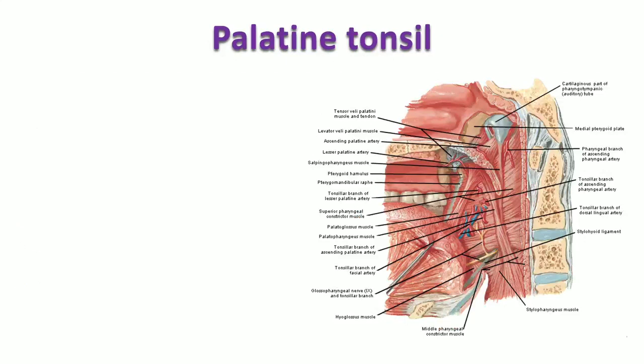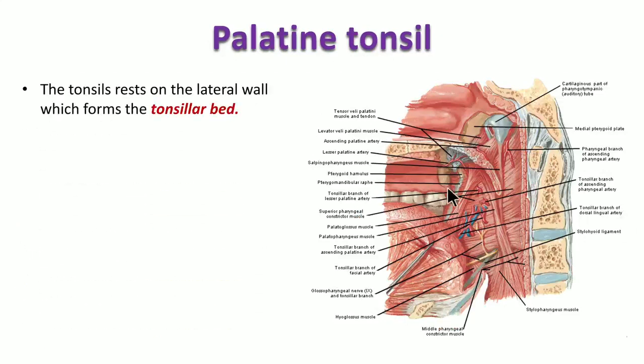Now the tonsil actually rests on this wall, which is called the tonsillar bed, where the lateral surface of the tonsil will rest. So far we have seen the boundaries: anterior, posterior, base and apex. So this is actually the tonsillar bed. Mainly what you come across in the tonsillar bed is the paratonsillar veins.